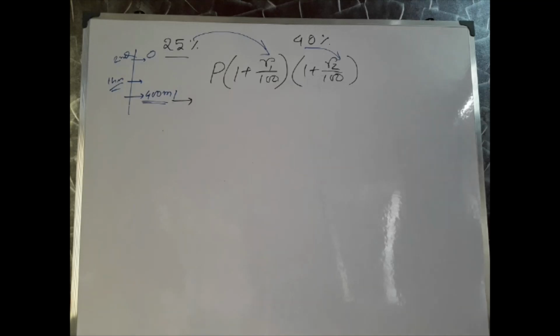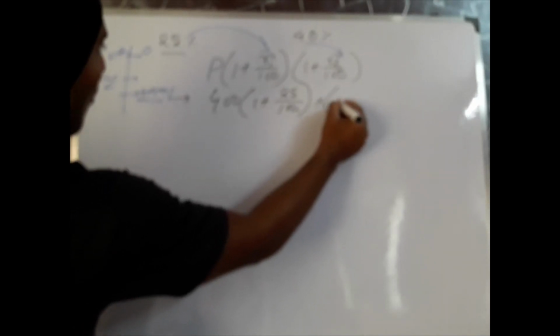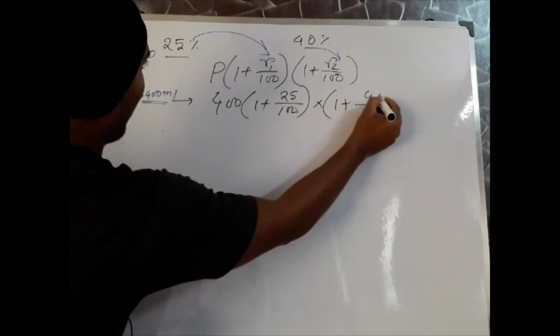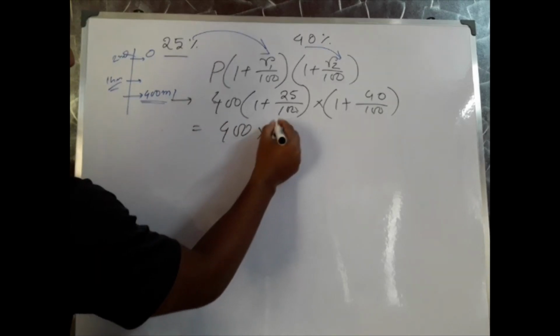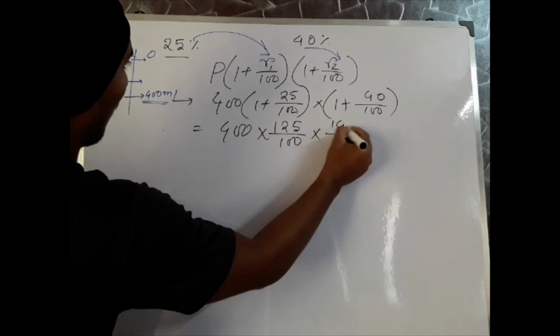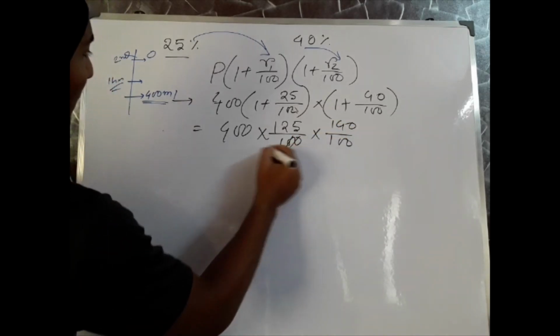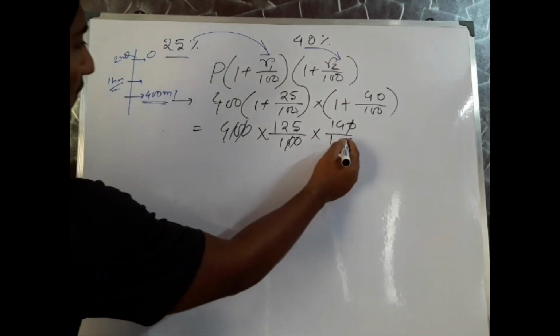That is our question. So we simply put 400 into 1 plus 25 by 100 into 1 plus 40 by 100. So 400 into 125 by 100 into 140 by 100. Then solve it.